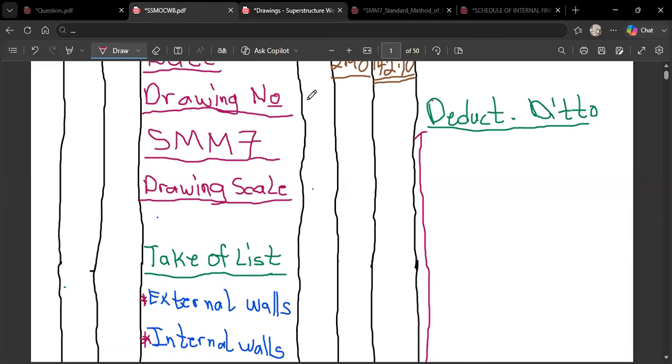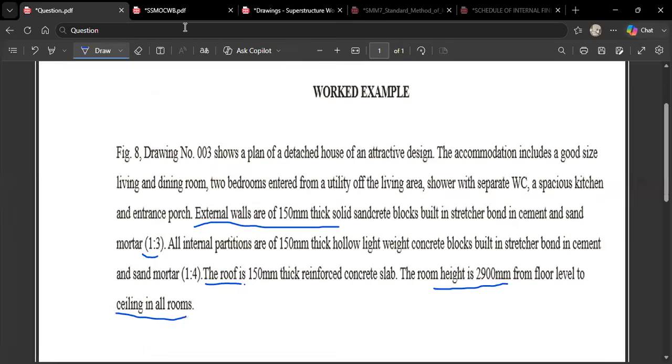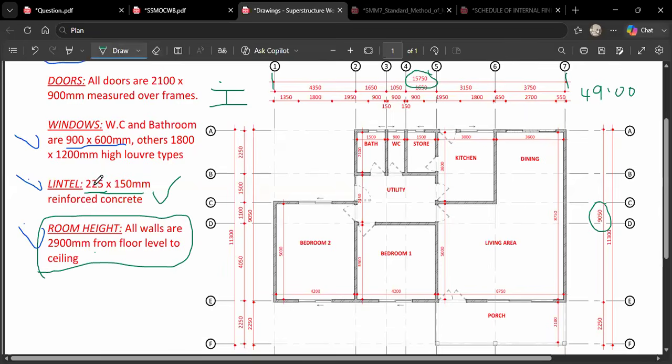Good. So the length runs through the building. So we're just going to multiply that with the 225. 225 divided by 1,000, we're going to get 0.23.